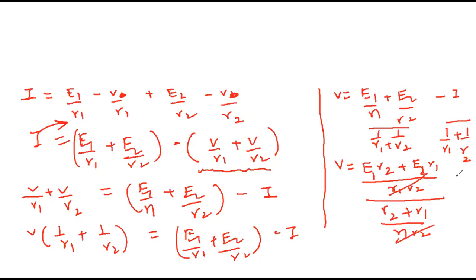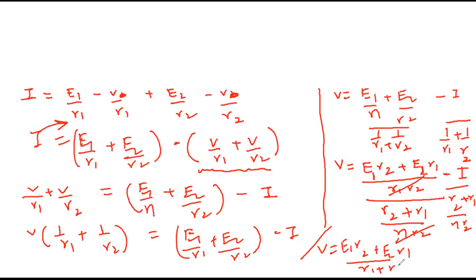This will get cancelled. Minus I upon R2 plus R1 upon R1 R2. So V equals E1 R2 plus E2 R1 upon R1 plus R2 minus I R1 R2 upon R1 plus R2. Please copy till this.